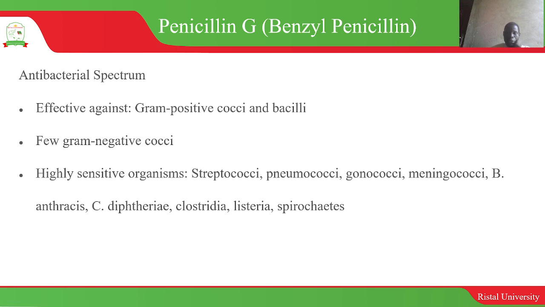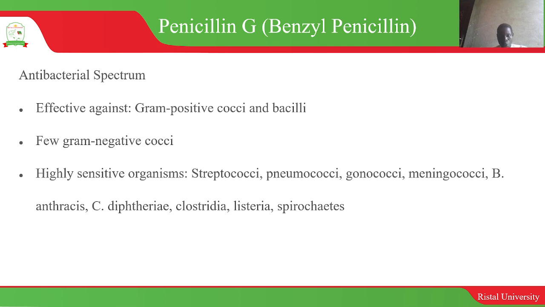Let's look at penicillin G, which is the benzyl penicillin. The antibacterial spectrum is effective against gram-positive cocci and also the bacilli. It also has action on a few gram-negative cocci. Highly sensitive organisms include the streptococci, pneumococci, gonococci, meningococci.